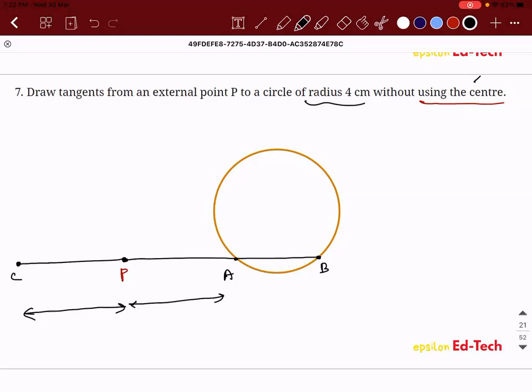That's it. So take the perpendicular bisector, cut from here and cut here. Draw a perpendicular bisector. You will get the center. With that center, cut a circle. So once you cut the circle, we can use the logic that the angle in a semicircle is 90 degrees. From point P, our job is to draw the tangents to these points.